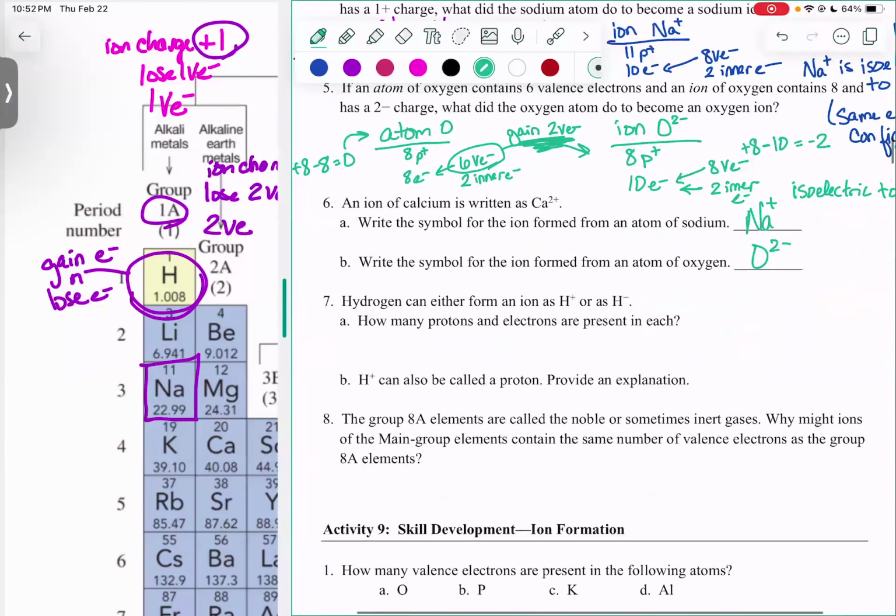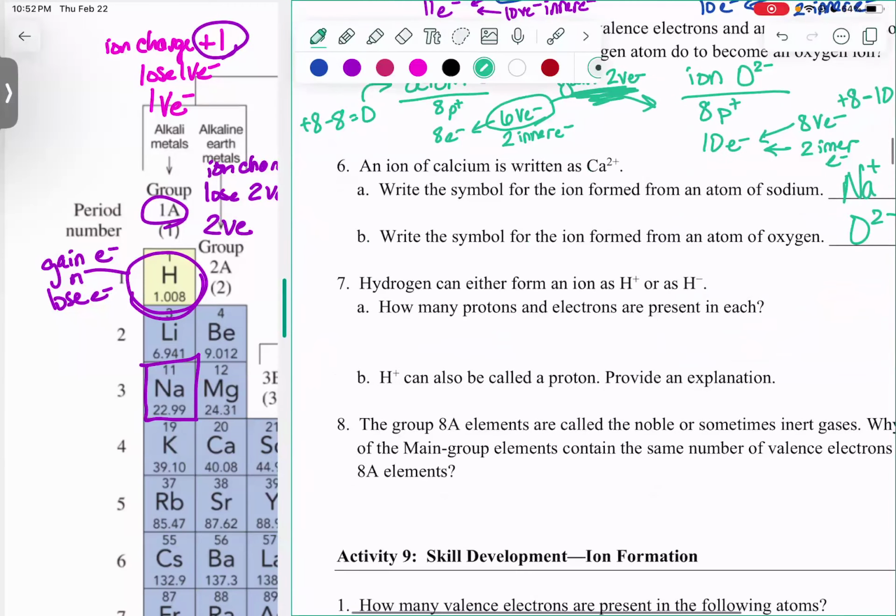So hydrogen's really weird. I told y'all hydrogen's a weirdo. Hydrogen can either form an ion as H+, or it can become H-. How many protons and electrons are present in each? So let's start with H+. How could I get H+?